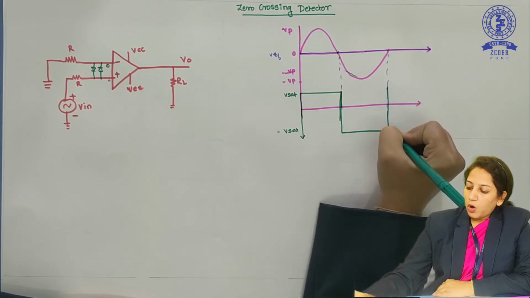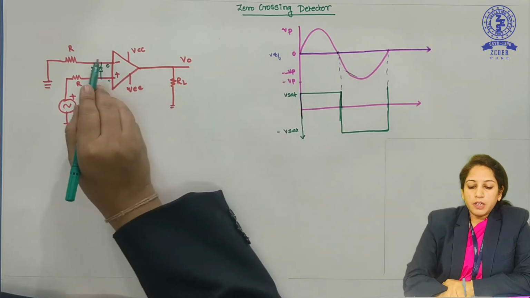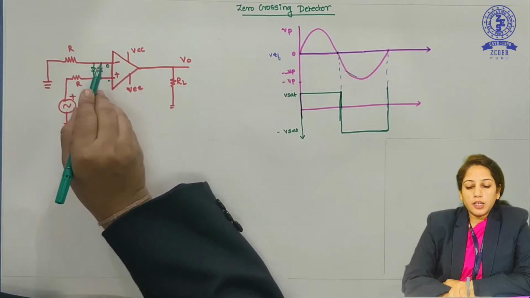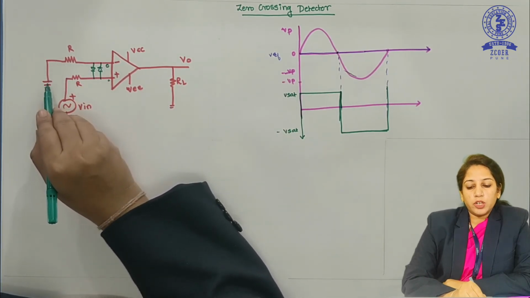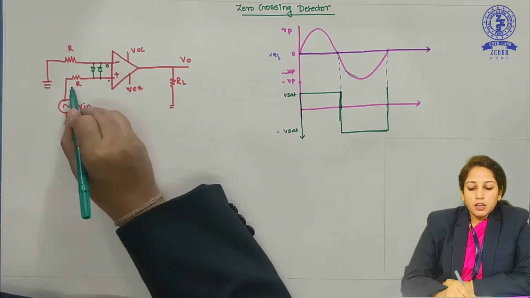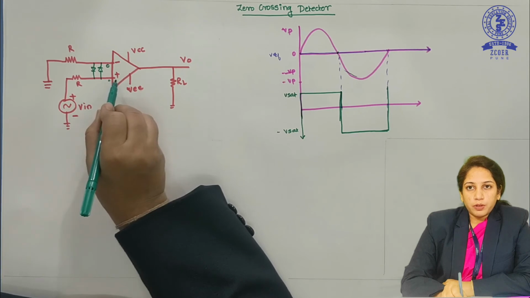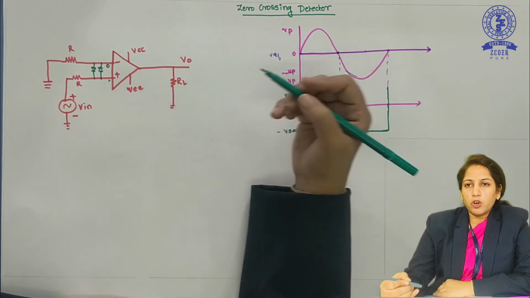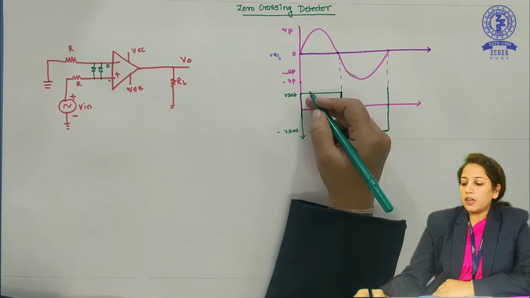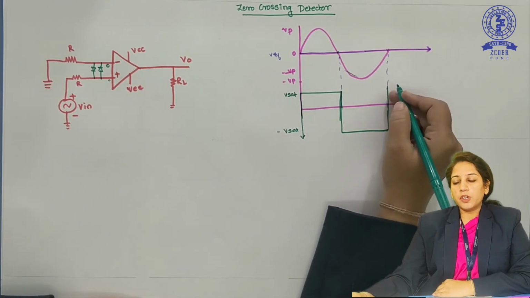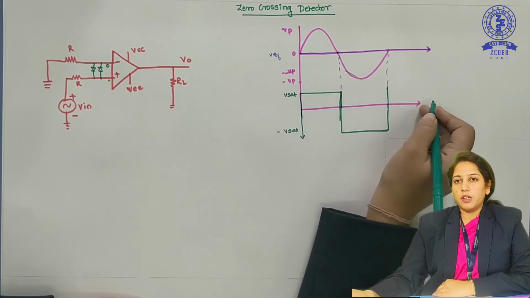If we observe this, whenever I apply zero voltage, or do not apply any voltage on one terminal and provide a voltage on the other input terminal, inverting or non-inverting, the output of the operational amplifier will switch in this way.